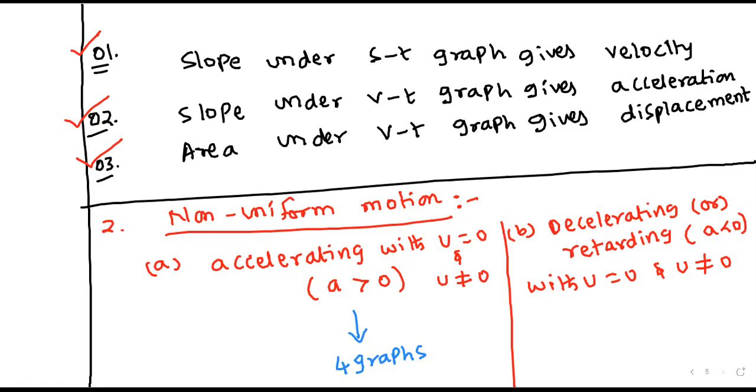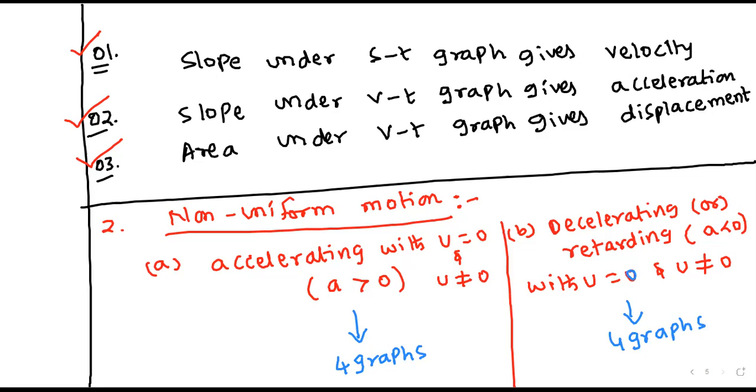Similarly, here also we'll have four graphs. Total 10 graphs you need to remember. See, uniform motion, two graphs. In non-uniform motion, we'll have two categories.